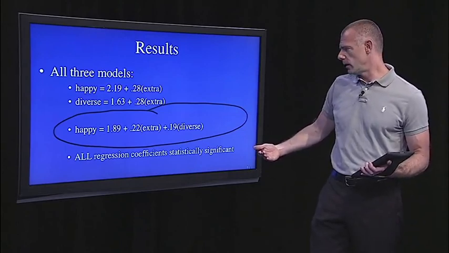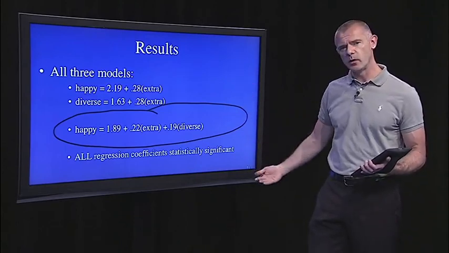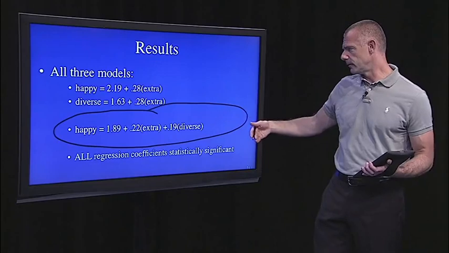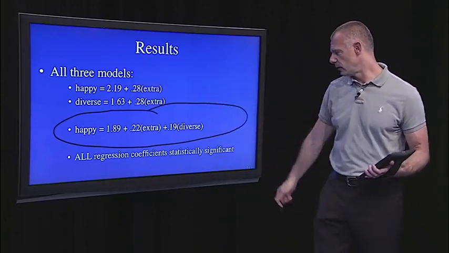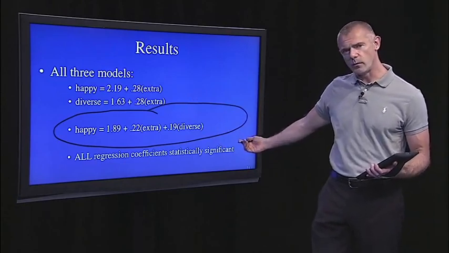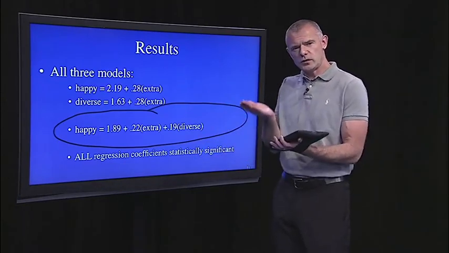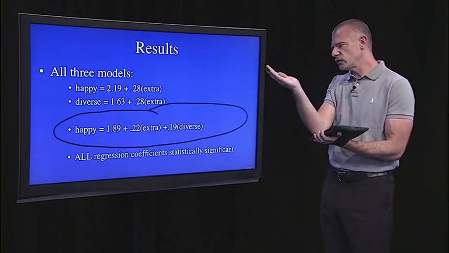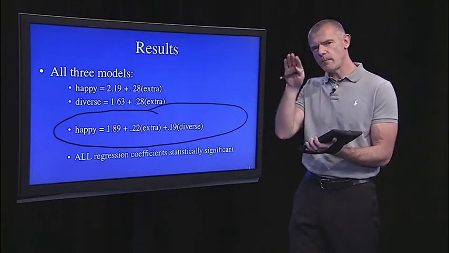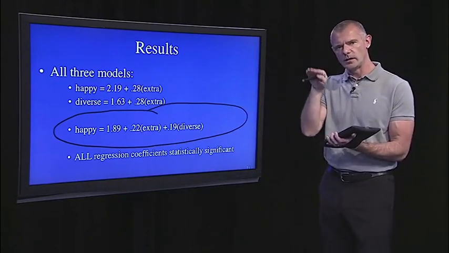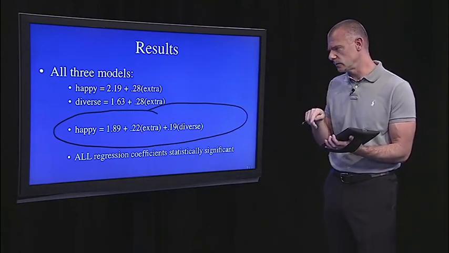Extroversion went from 0.28 to 0.22, and diversity went down to 0.19. So the slopes of these relationships between the predictors and the outcome don't drop much from when they're entered by themselves as predictors.